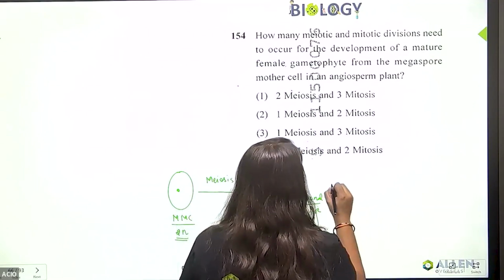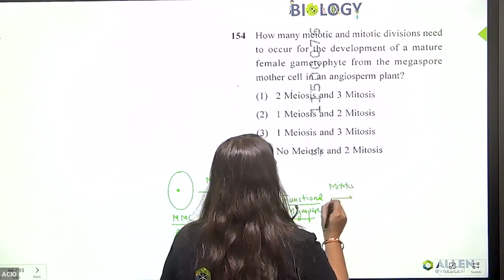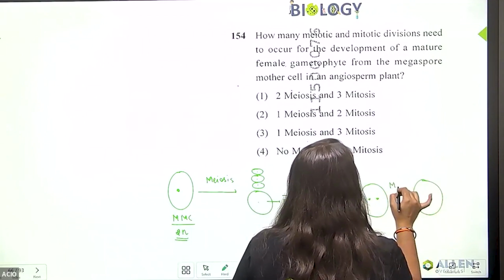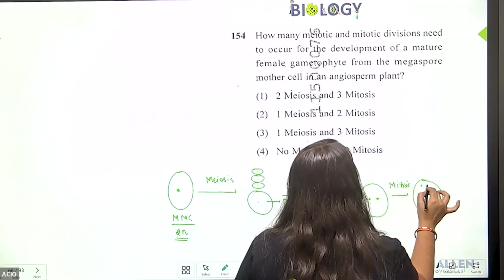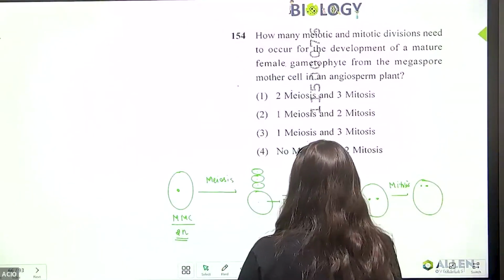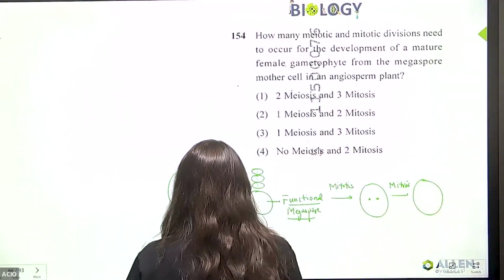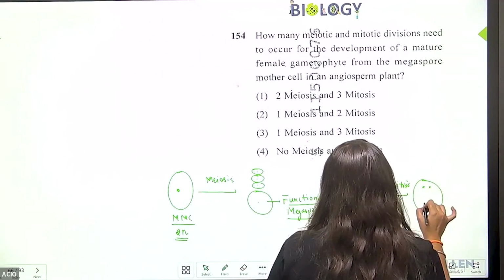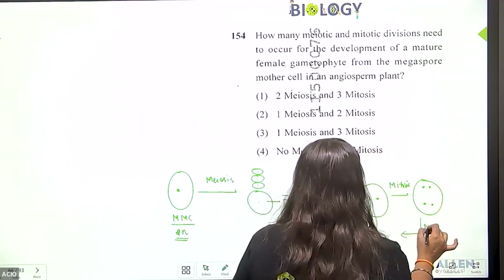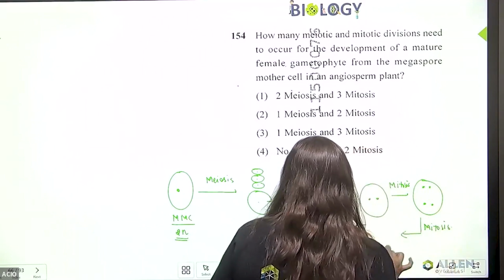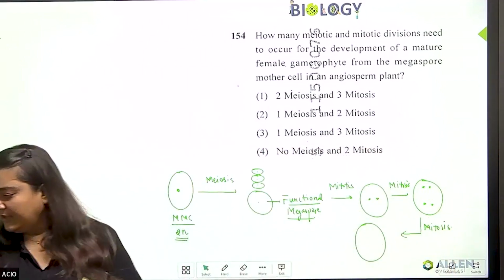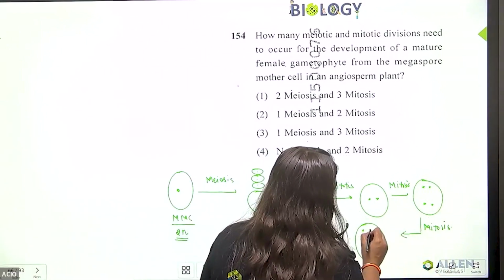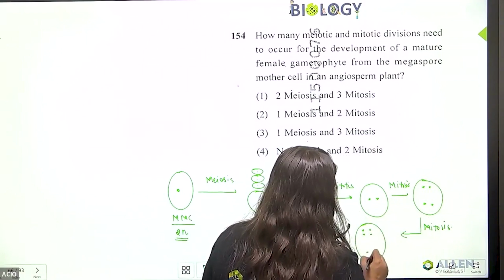Now this will undergo three mitotic divisions. The first mitosis will give you two cells, then the second mitosis will give you four, then the third mitosis will give you how many? Eight. 1, 2, 3, 4, 5, 6, 7, 8.